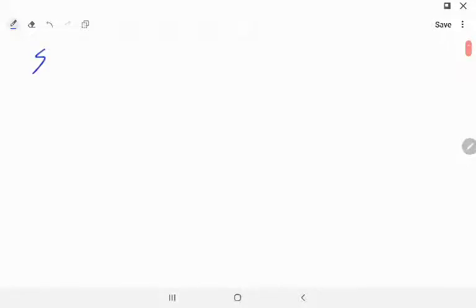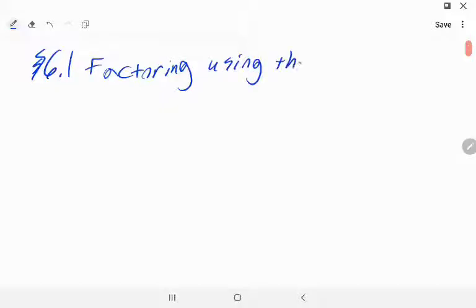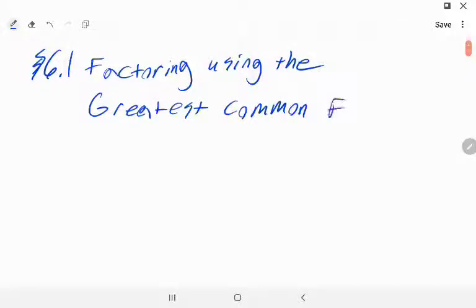Section 6.1 is on factoring using the greatest common factor and factoring by grouping.